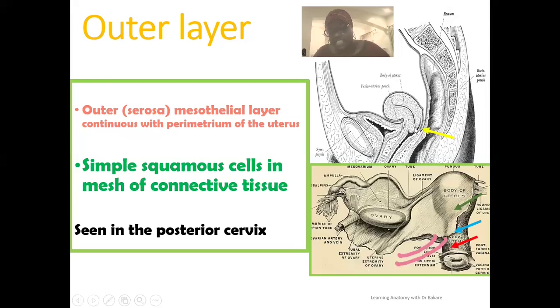This is where we have the vaginal canal here. So the extension of the peritoneal covering posteriorly goes more inferiorly when compared to the anterior region. So if you take an extraction of the cervix around the posterior region, we should expect to see the outer serosal layer. And this is what is presented here in this image. So it depends on the specific region of the cervix that is processed histologically.